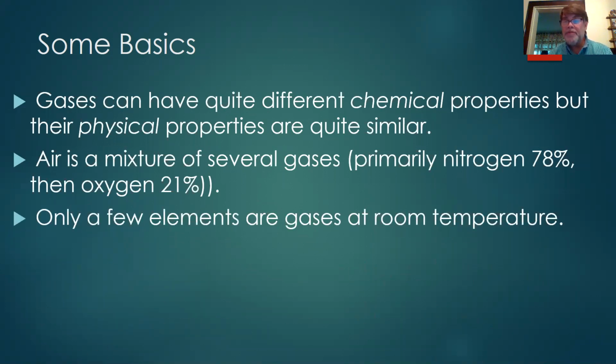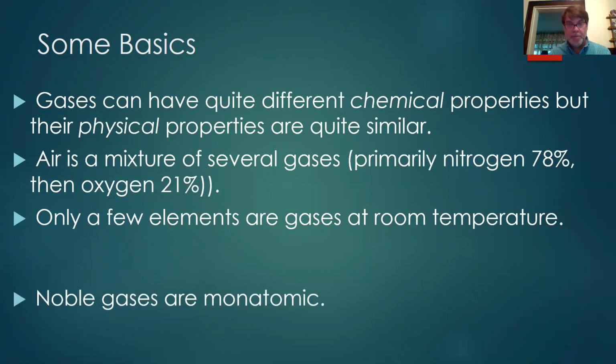Only a few of the elements are gases at room temperature. For example, if you want to make mercury into a gas, you're going to have to really heat it up because it's liquid. Very, very few elements are gases at the normal temperature that humans find comfortable.